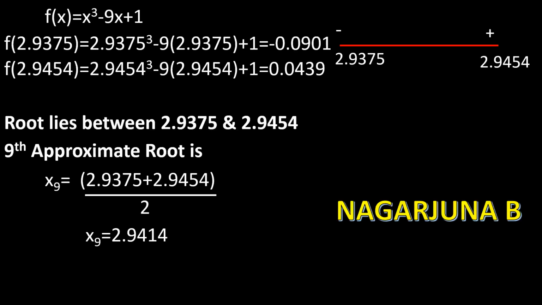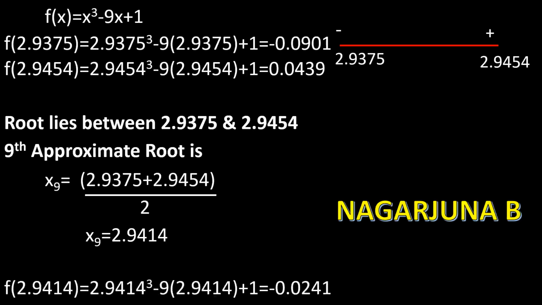Now find f of 2.9414, that is 2.9414 cubed minus 9 into 2.9414 plus 1, which is equal to minus 0.0241. So we have found a new root between 2.9375 and 2.9454. That new root is 2.9414, and when substituted in f of x, we get a negative value.